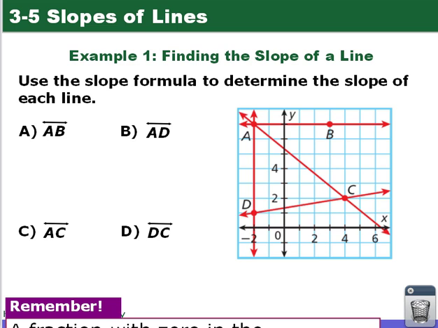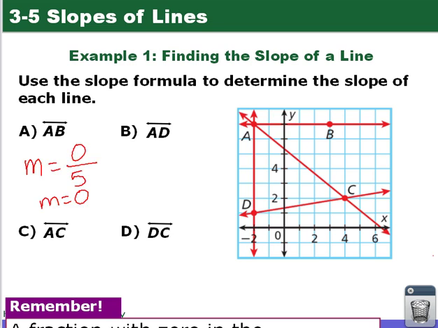So now we have an example. We want to use the slope formula to determine the slope of each line. So for line AB, first of all, you notice line AB is a horizontal line. So for a horizontal line, does it have any vertical difference? It doesn't change at all, so our change in y is 0.